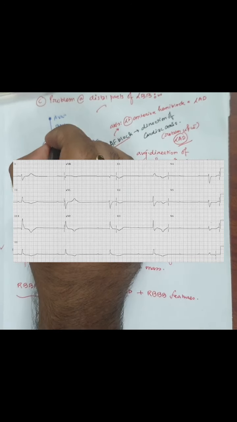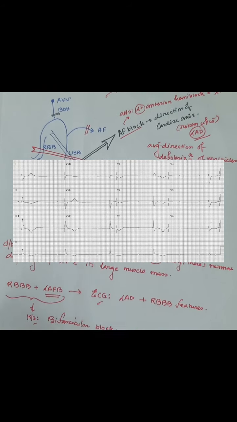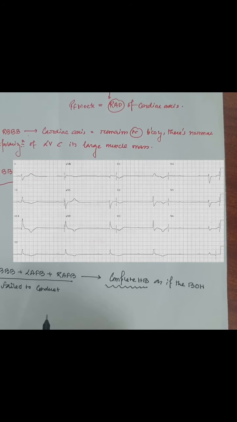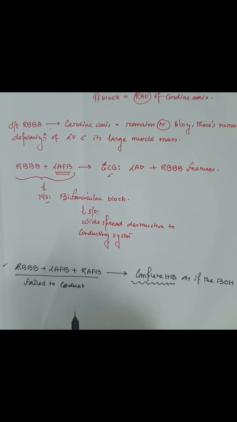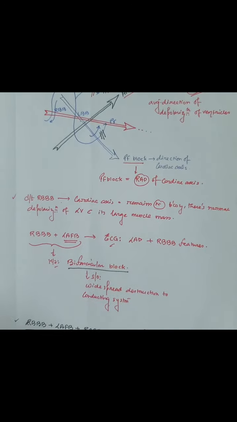So somewhat like this, the bundle of His gets failed. So these are the important pictures we get from the ECG when there is anterior fascicular block, posterior fascicular block, or bifascicular block.